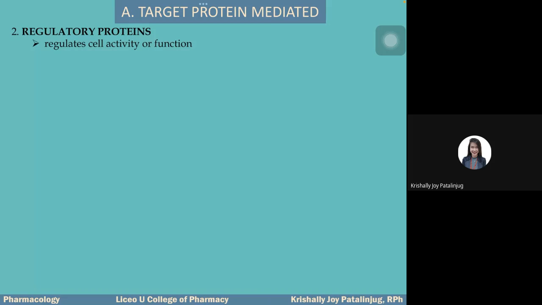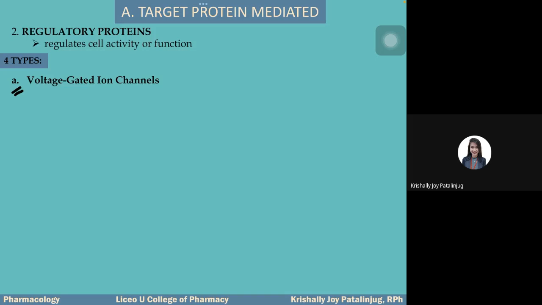One is the voltage-gated ion channel. And then on the preceding slides, we have carrier molecules, enzymes, and receptors. We'll start reviewing the first regulatory protein, and later I will give sample drugs that target voltage-gated ion channels.